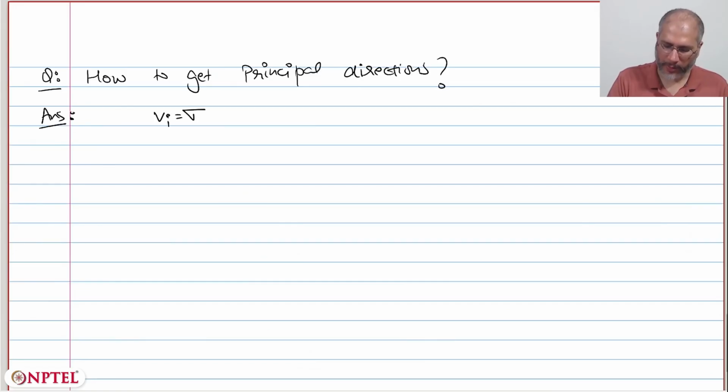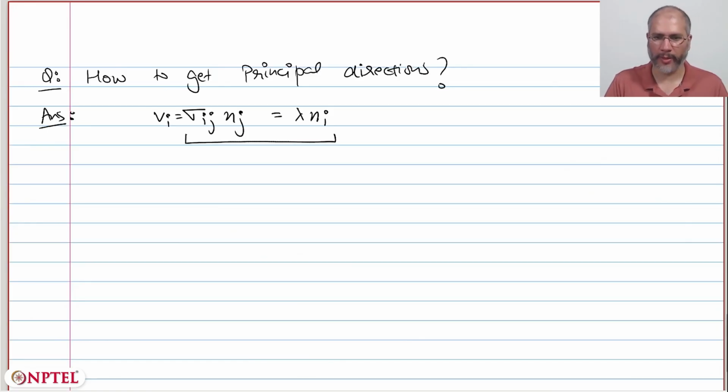So we started with Vi equals sigma ij nj, which was the linear transformation. But for these special situations, this Vi is equal to lambda times ni. So this is the equation that is important. And if we can solve this equation, of course sigma ij is known, for n hats, we get the principal directions.